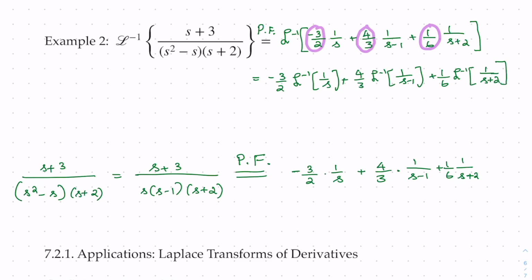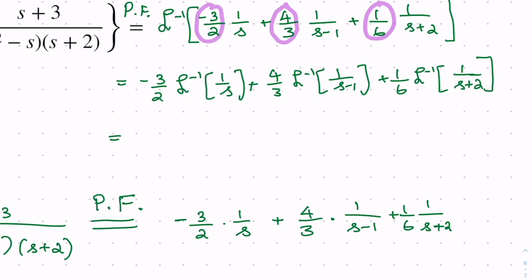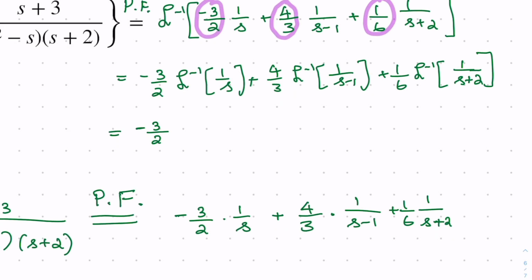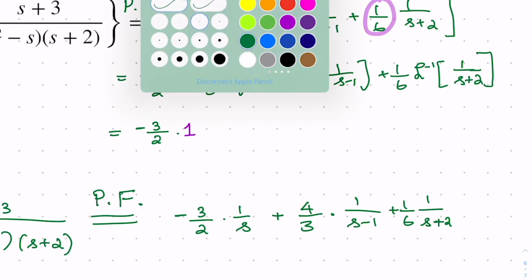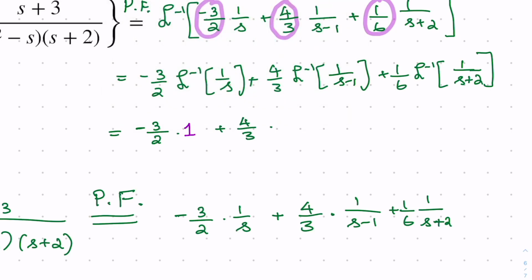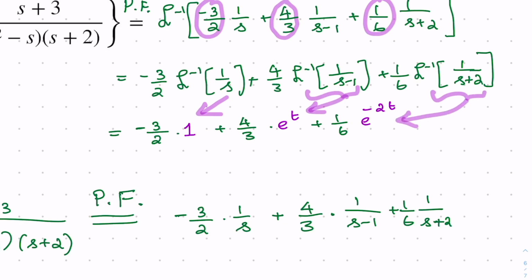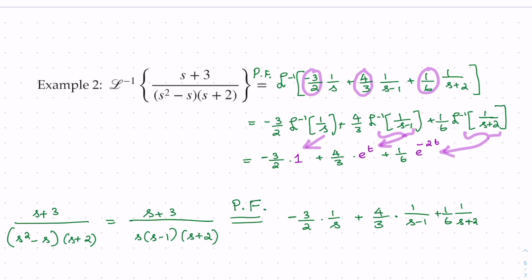If you apply the formula that we learned earlier, this is going to give you negative 3 over 2 times 1 plus 4 over 3 times e to the t plus 1 over 6 times e to the negative 2t. So this corresponds to this, this corresponds to this, and this corresponds to that. And that's how we would find the Laplace inverse of all that.